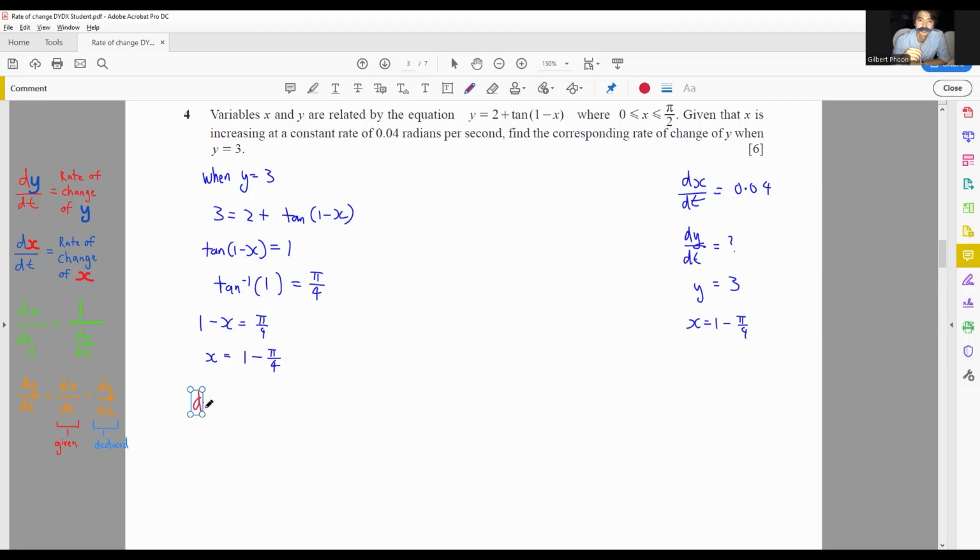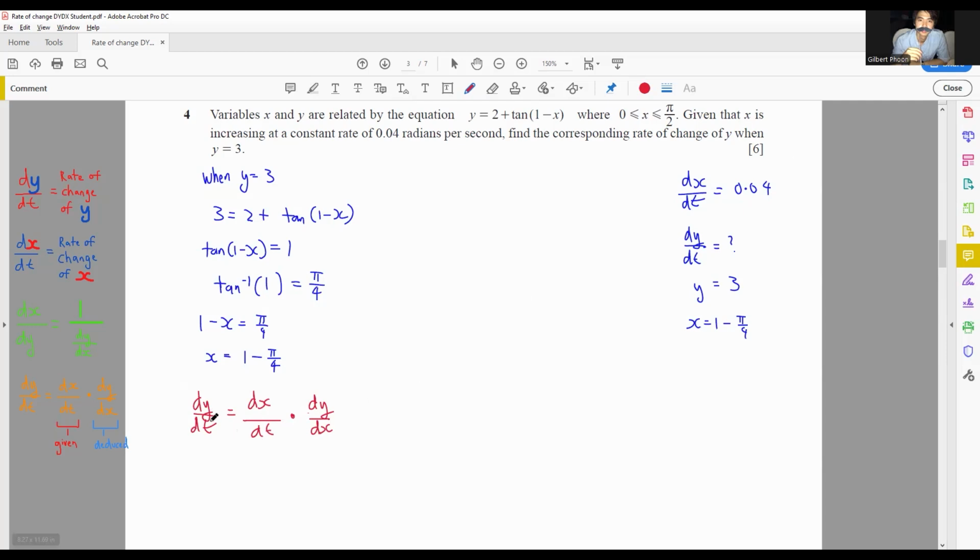To find dy over dt, you will have to use dx over dt multiplied by dy over dx. dx over dt is the given.